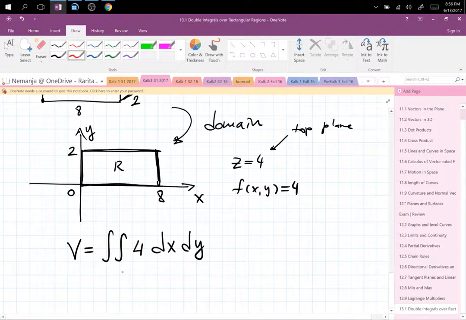The inner integral is a pair, and the outer integral is a pair. So now you see that the outer integral is dy. Y goes from 0 to 2, and the inner integral is dx, which goes from 0 to 8.